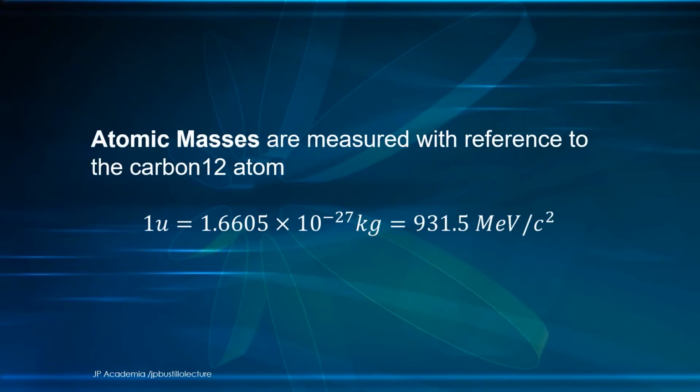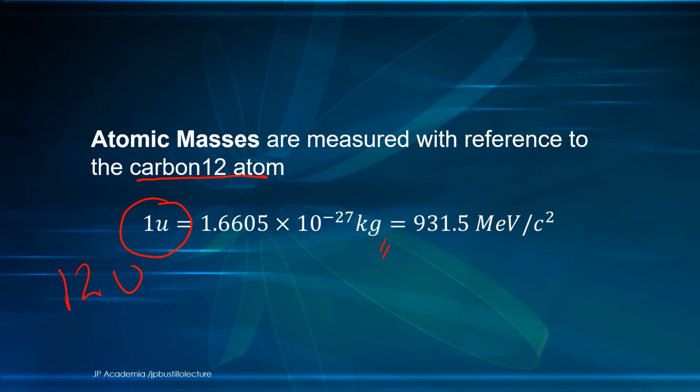The atomic masses are measured with reference to the carbon-12 atom, and we have this unit, the atomic mass unit, with the symbol u. By definition, the mass of the carbon-12 nucleus is exactly 12 u, and 1 u is equal to 1.66 times 10 to the negative 27 kilogram as shown here.